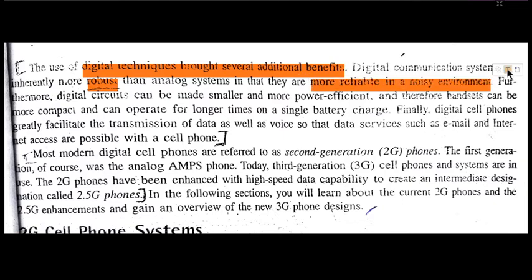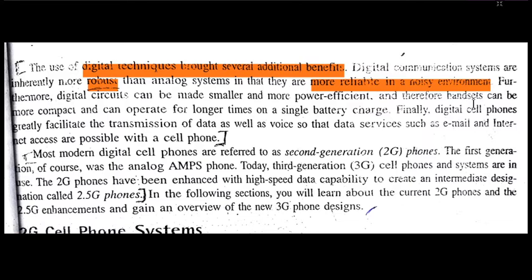That means if noise or interference is occurring around us, or there is electrical noise or communication noise, then compared to AMPS or the analog system, the digital system was quite efficient.